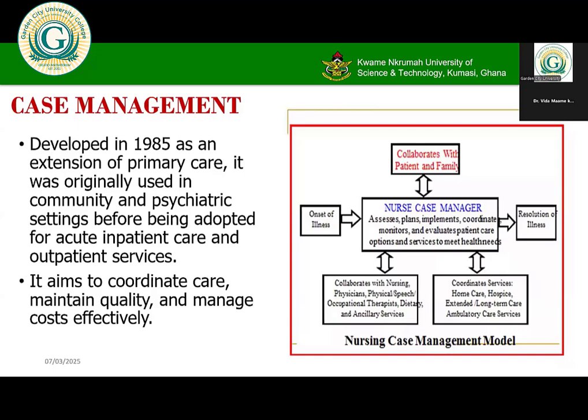He also collaborates with patients and family. As I said, it was originally used in community and psychiatric settings before being adopted for acute inpatient care and outpatient services. It aims to coordinate care, maintain quality, and manage cost effectively, because the manager sees to it that things go on well.